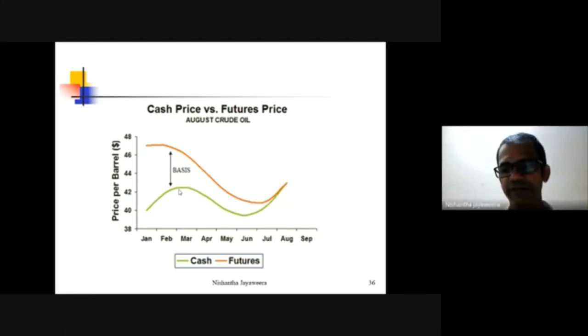So are we in a contango market or a backwardation market? Contango market. Okay. Does the basis increase with time or decrease with time?